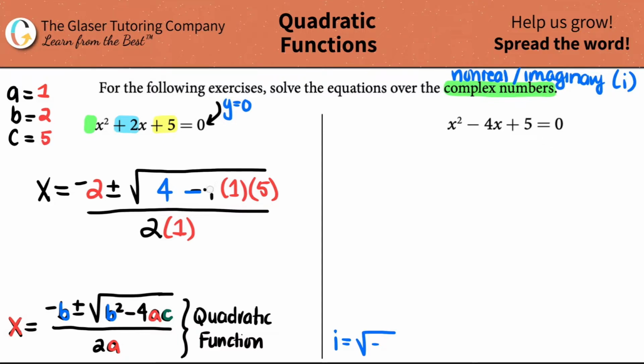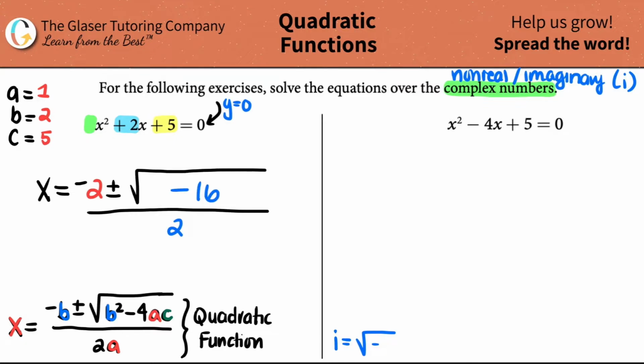So this would be a minus 20. You see how easy this is if you just do it in parts? Now you can clean this up at the bottom. 2 times 1 is the same thing as a 2. So this would be all divided by 2. And now 4 minus 20 is a negative 16.